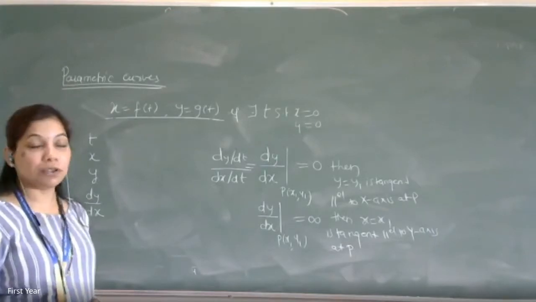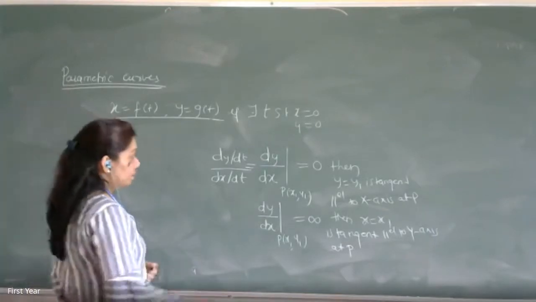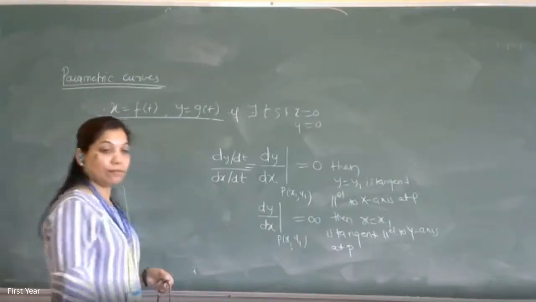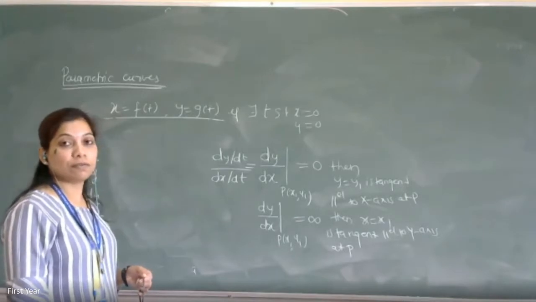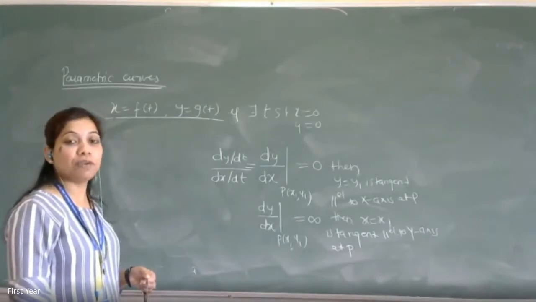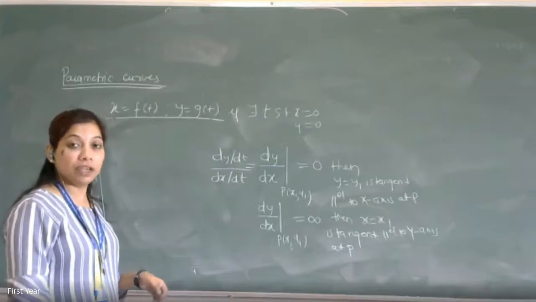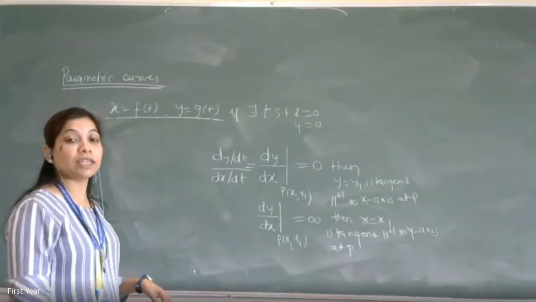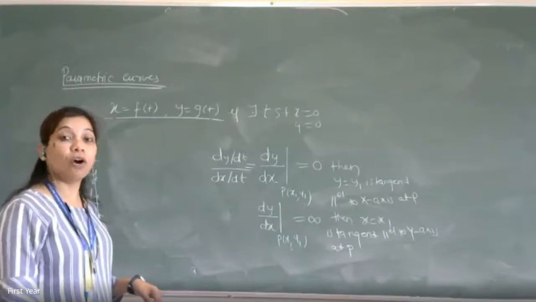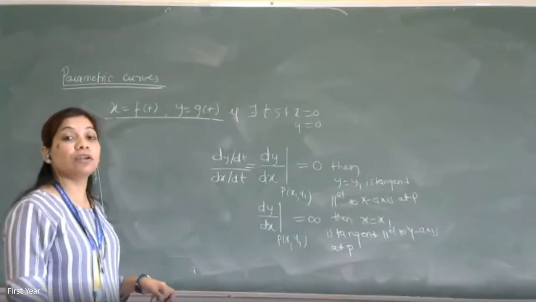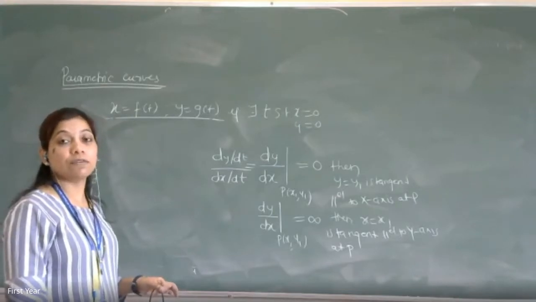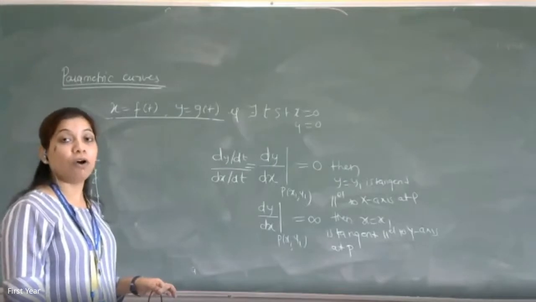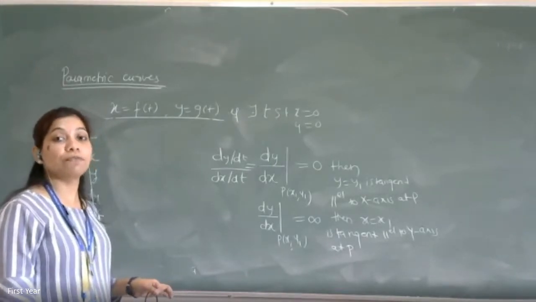Now region of absence. How did you find region of absence? What will be the region of absence? Same, the way we got y square is negative and x square is negative. So the values of t for which either x is imaginary or y is imaginary, that will be your region of absence.